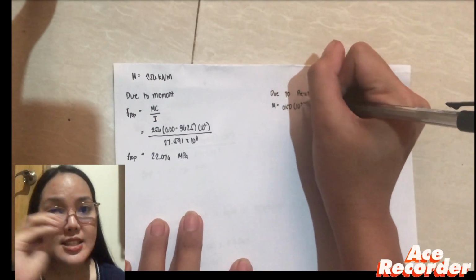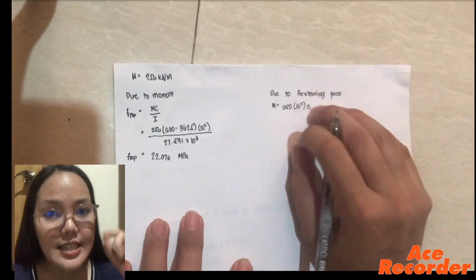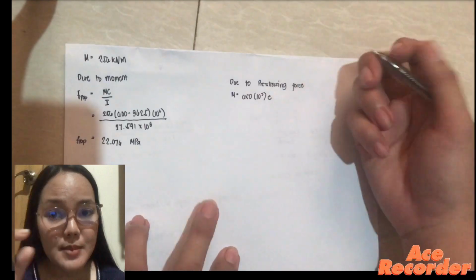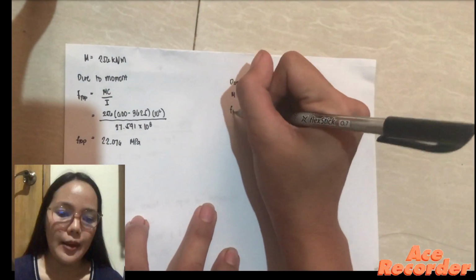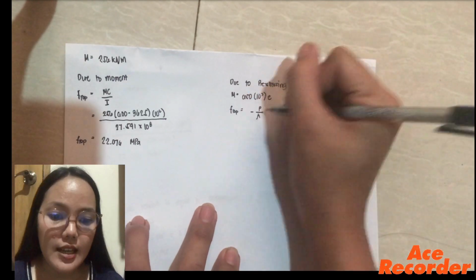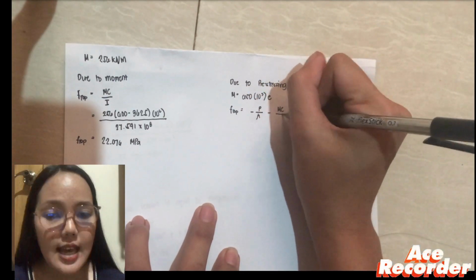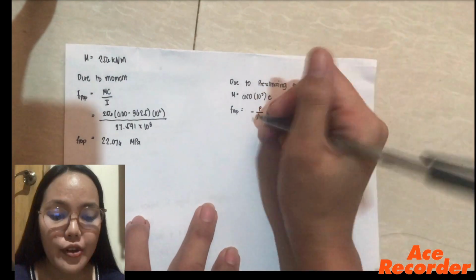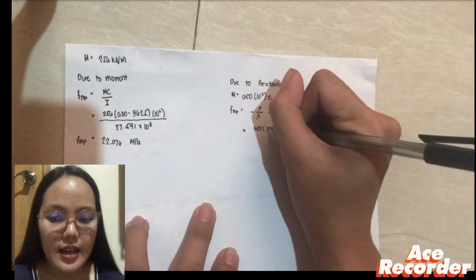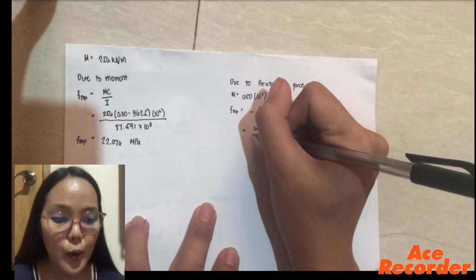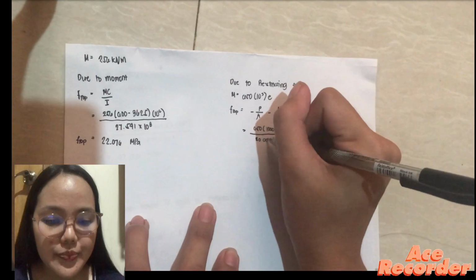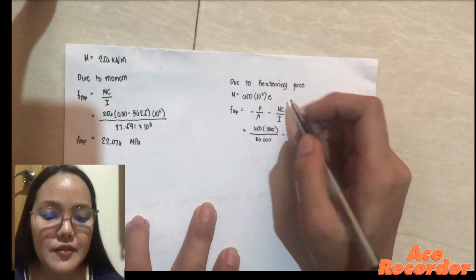You can see 650 times 10 to the 3rd power E. For the formula, which is same with letter B, we have negative P over A minus M times C over I, where P stands for pre-stress force over the total area, which is A. We have 650 times 1000 over 80,000, and M stands for the moment.